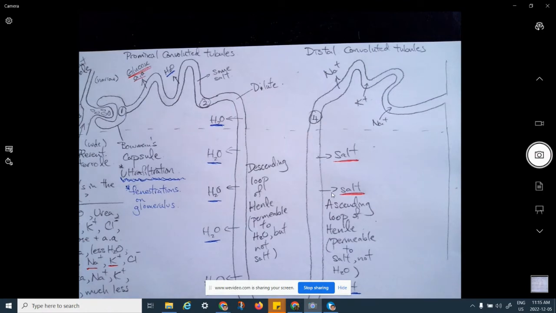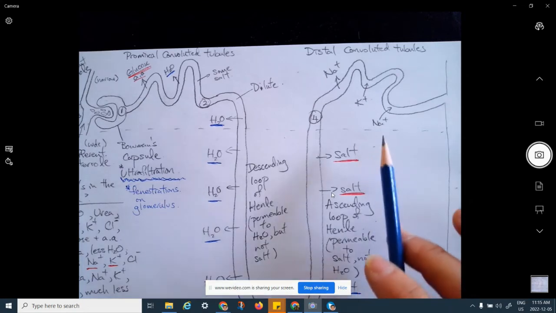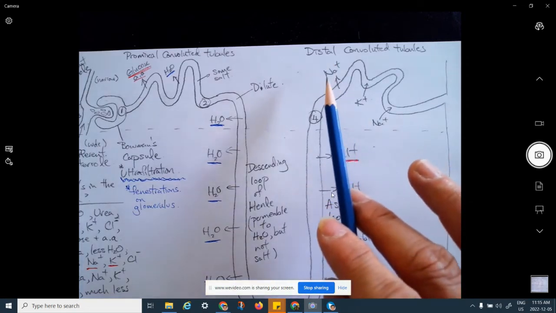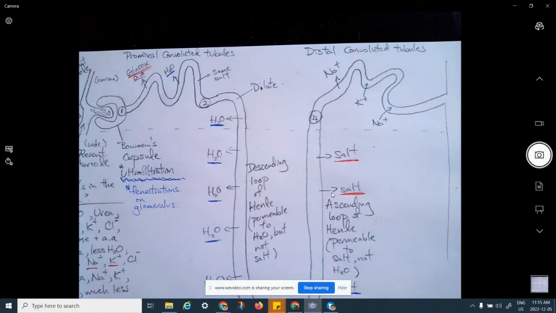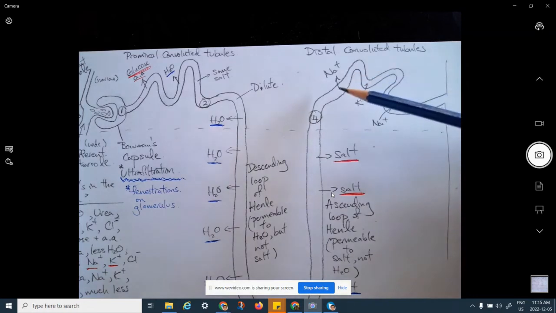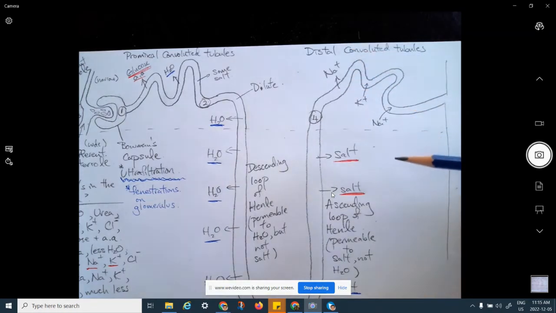Okay? The idea is to maintain that balance so that you have the right amount of sodium and potassium in your system. So if you happen to have more sodium in your system at the time than you should have, then they will pump more in and less out. If you don't quite have enough sodium in your system at that time, they will pump out more than they pump in. Okay, it's really to play that fine-tuning balance.